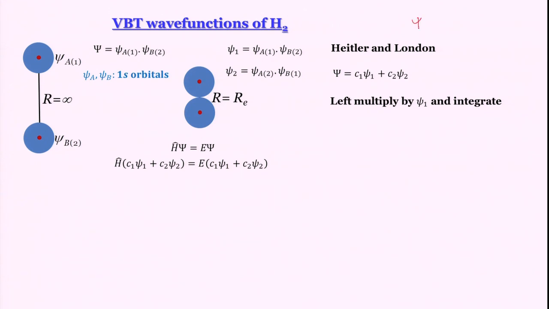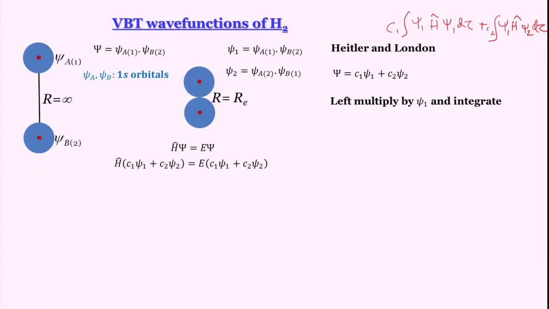Psi 1, H operating on psi 1, I can take C1 out and then I integrate this. I will just write d tau for now, plus integral, well, C2 I should write, psi 1 H operating on psi 2.